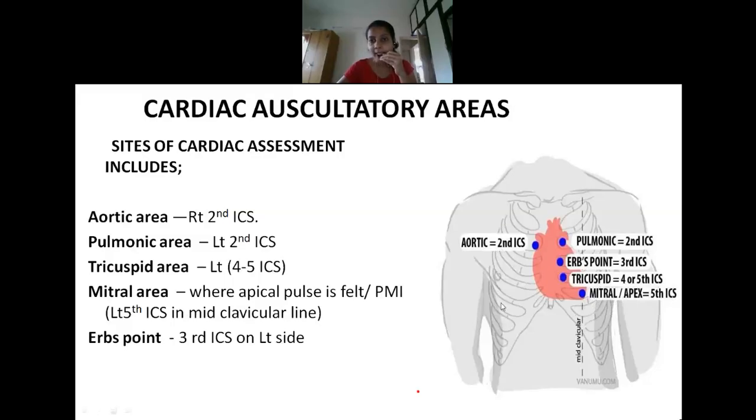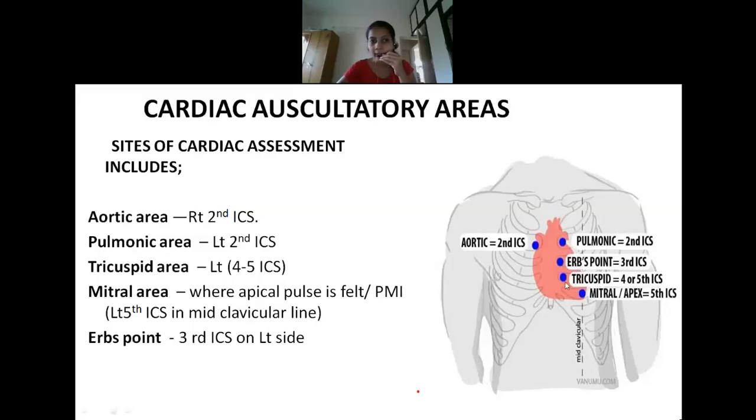On the right side, we have the aortic area, in the second intercostal space, at the mid clavicle itself. Opposite, just symmetrical to that, we have the pulmonic area, on the left side, second intercostal space. In the third intercostal space, again on the left side, we have Erb's point.